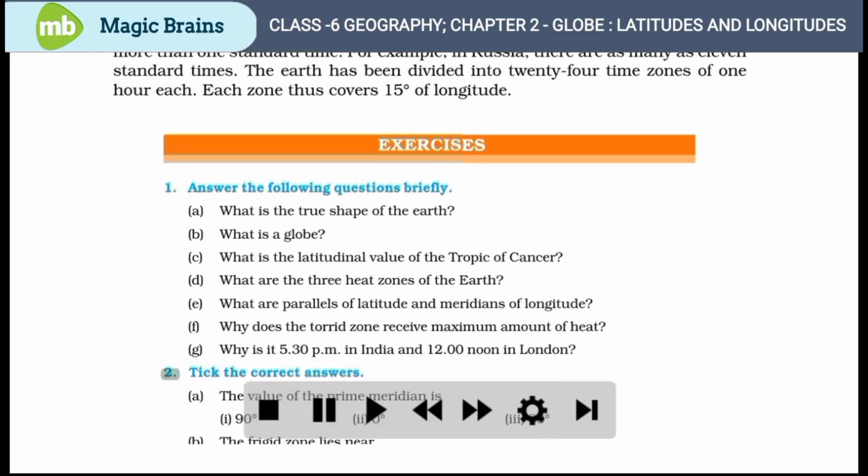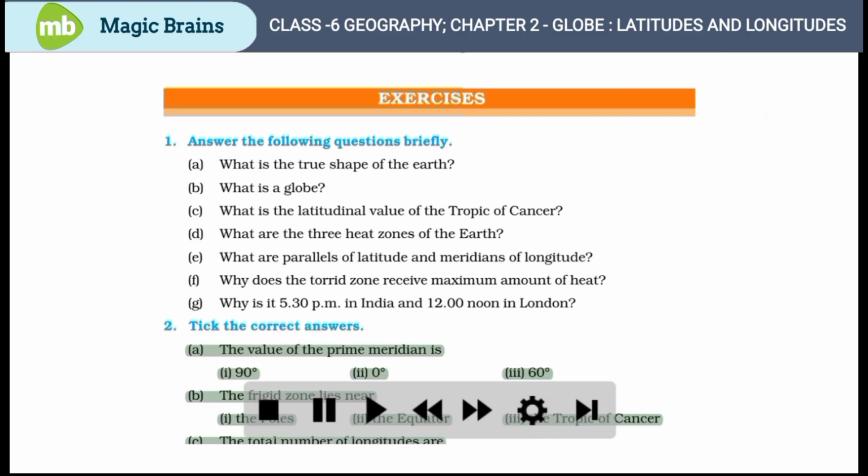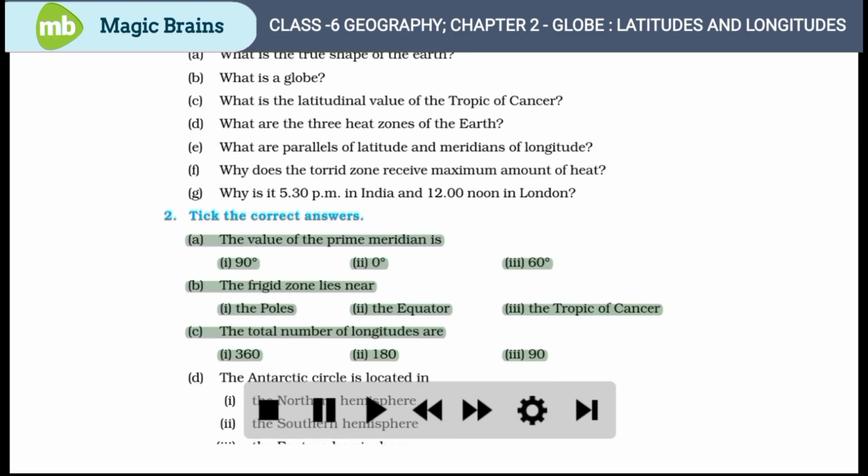2. Tick the correct answers. A. The value of the prime meridian is 1. 90 degrees 2. 0 degree 3. 60 degrees. B. The frigid zone lies near 1.